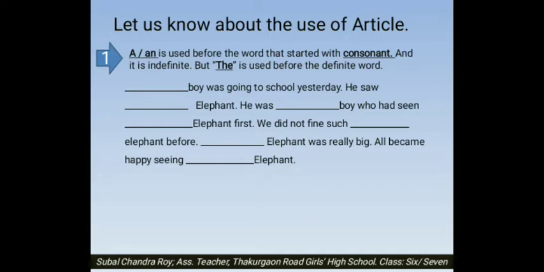This elephant may be any kind of elephant. So we have to use an here. A boy was going to school yesterday. He saw an elephant.